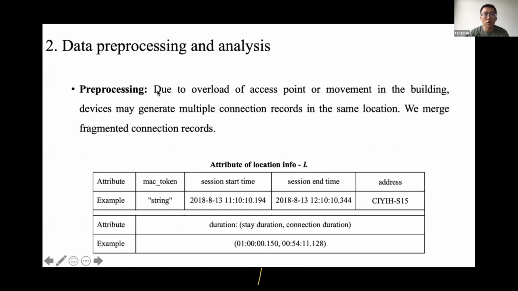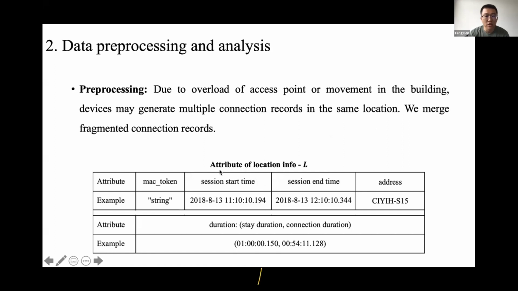Due to overload of access points or movement in the building, devices may generate multiple connection records in the same location. Our work focuses on device movement between locations instead of movement within the building. Therefore, we merge fragmented connection records.